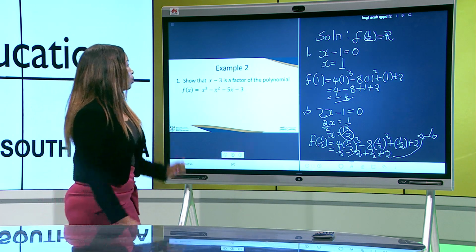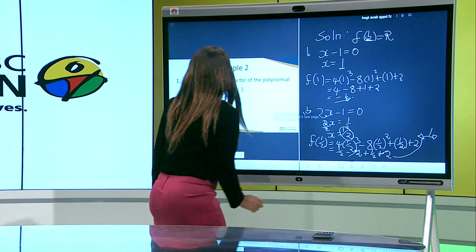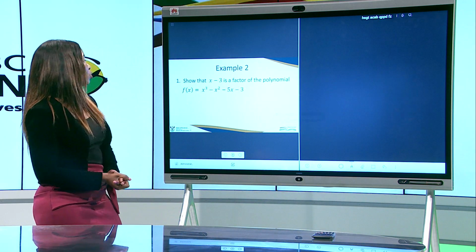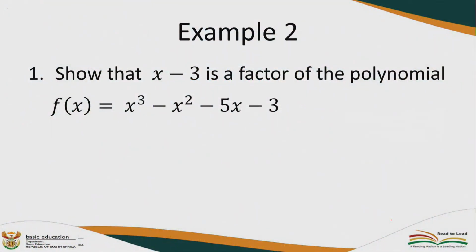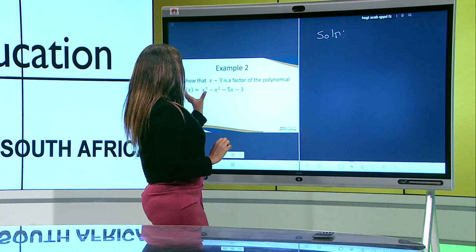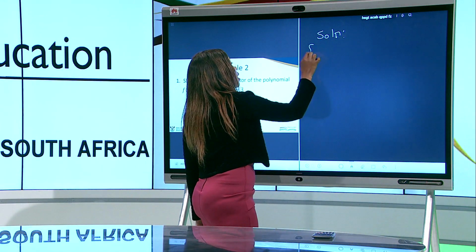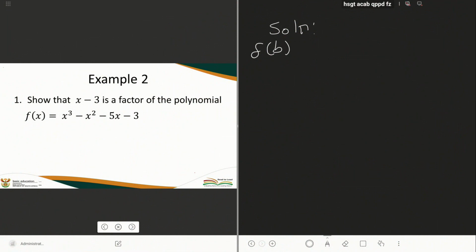Now, in example 2, we are required to show that x minus 3 is a factor of the polynomial. How will you see that x minus 3 is a factor? For us to see that this is a factor of the polynomial, our f at b, or our remainder, should be equal to 0.